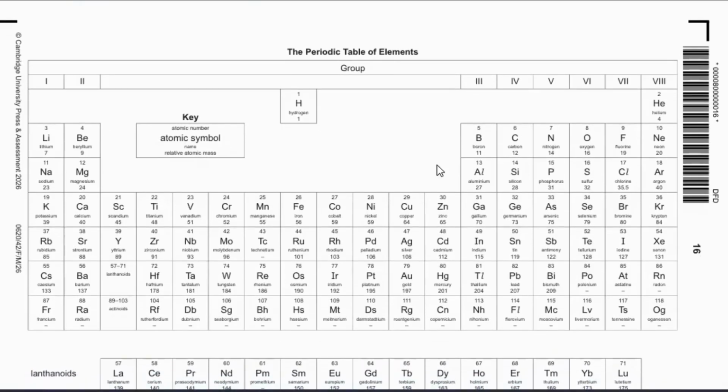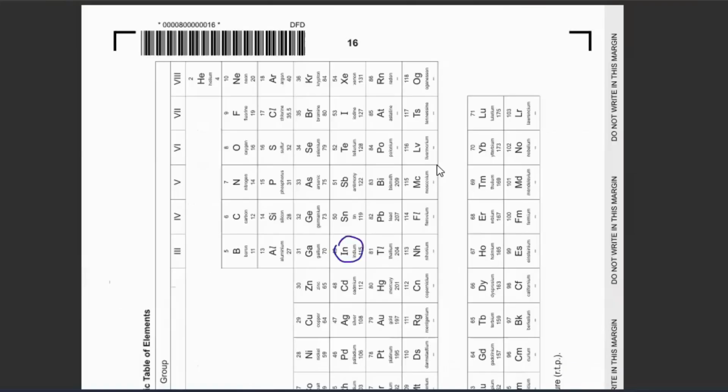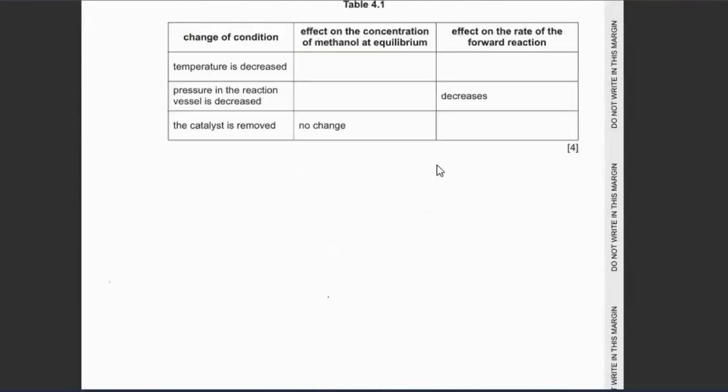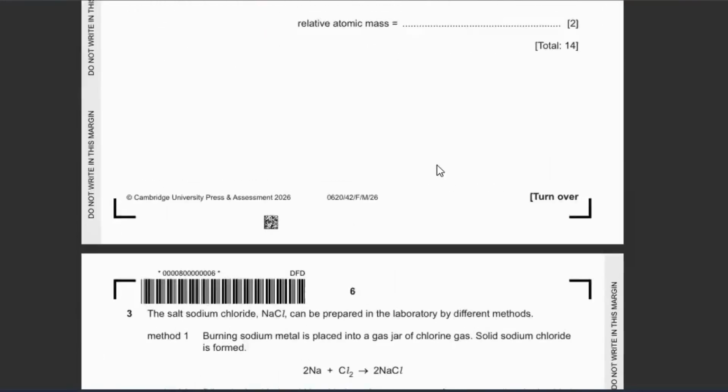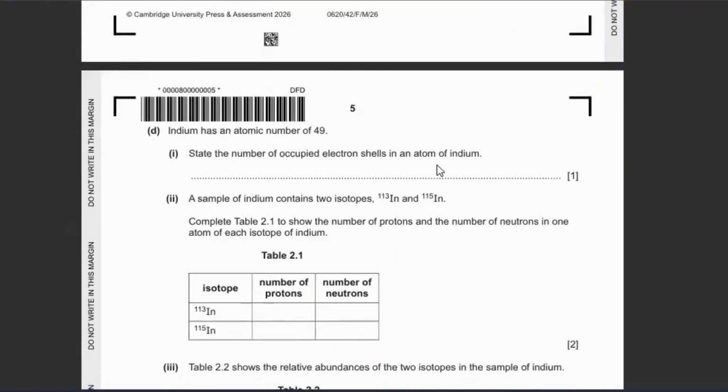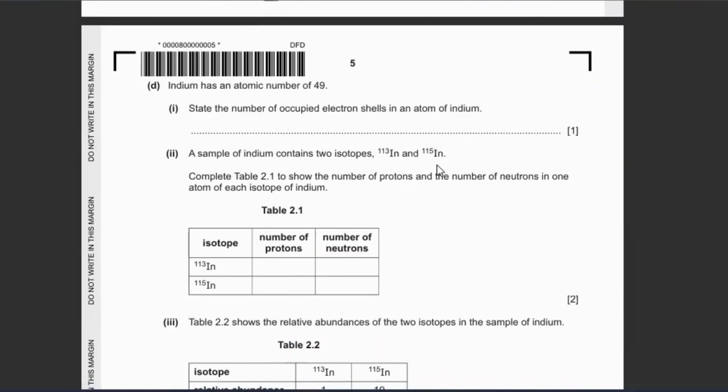Where is indium? Indium is here. Now you can count the period number: this is 1, 2, 3, 4, and this is 5. So the number of electron shells is 5. The number of occupied electron shells in an atom of indium is 5.